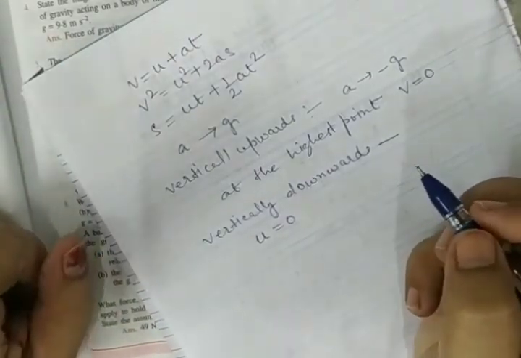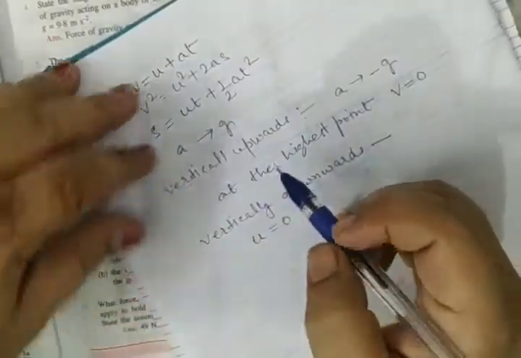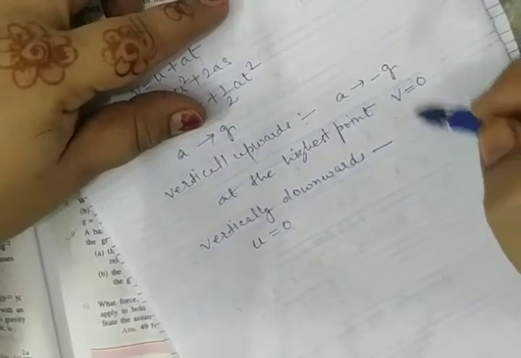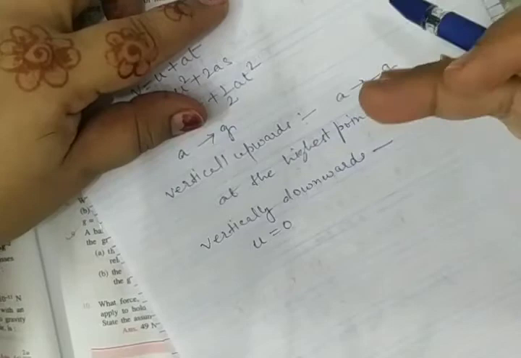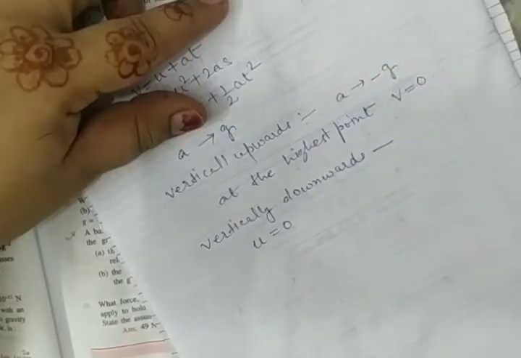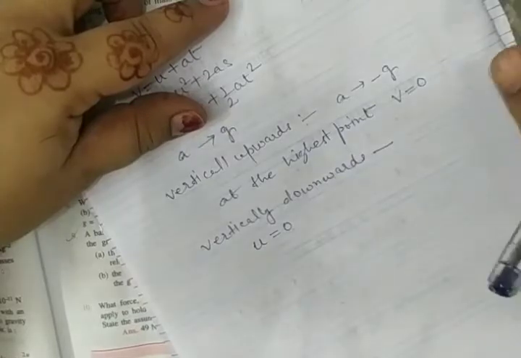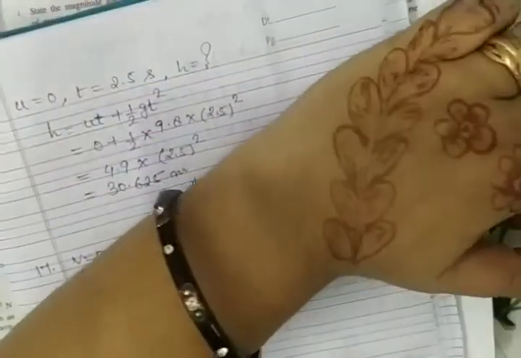So while reading the question, you should try to make out these things. If it is vertically upward motion, you can at once say that v is equal to 0, right? If vertically downward motion, at once you can say u is equal to 0, right? So let us see the questions and I'll tell you if there is something else to be told.